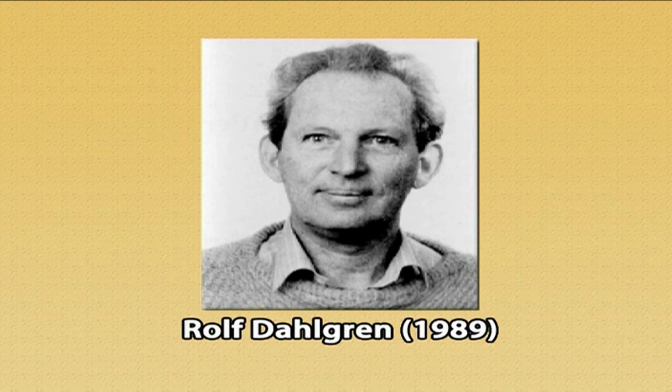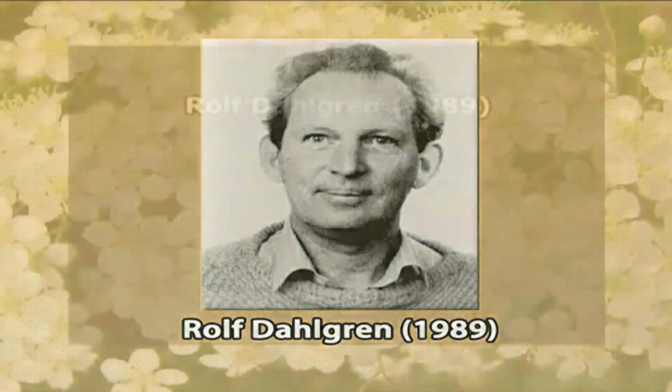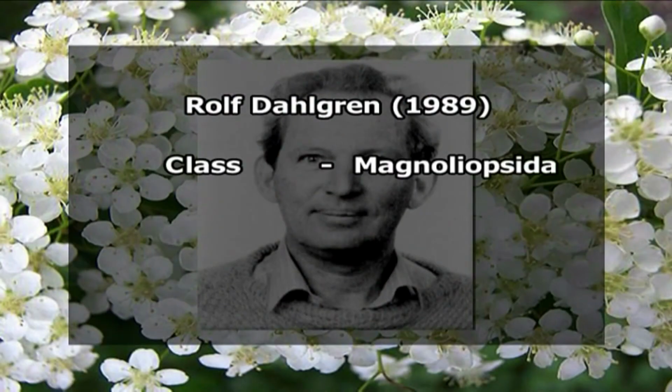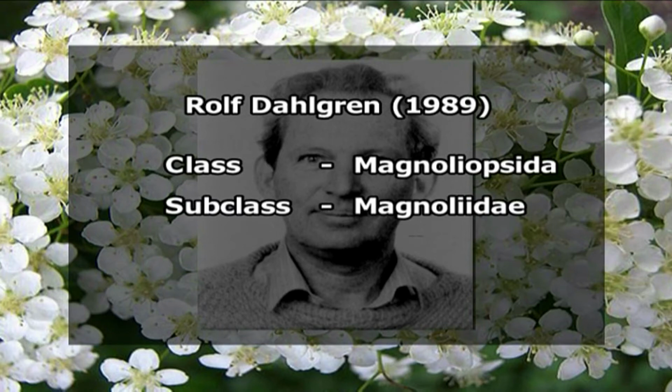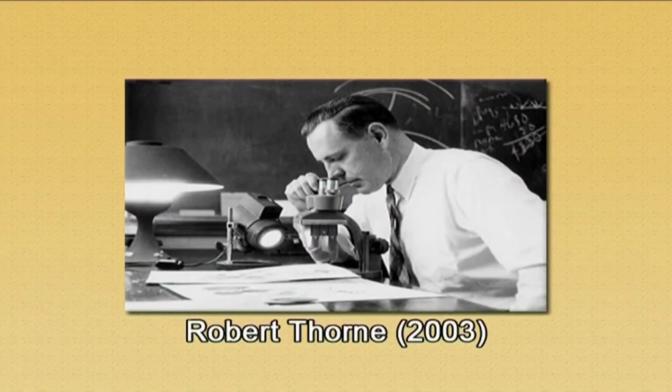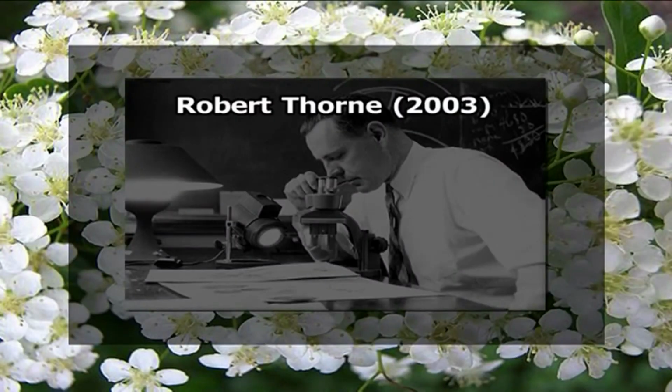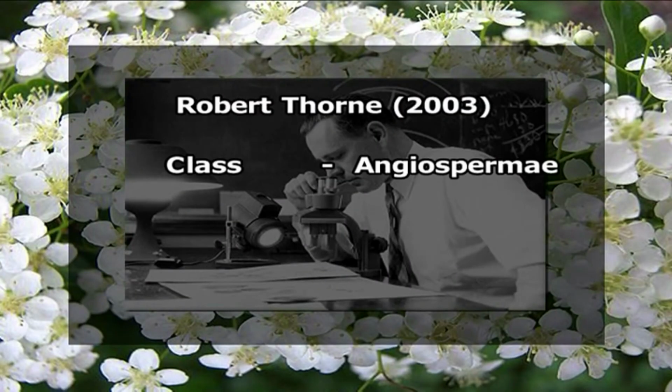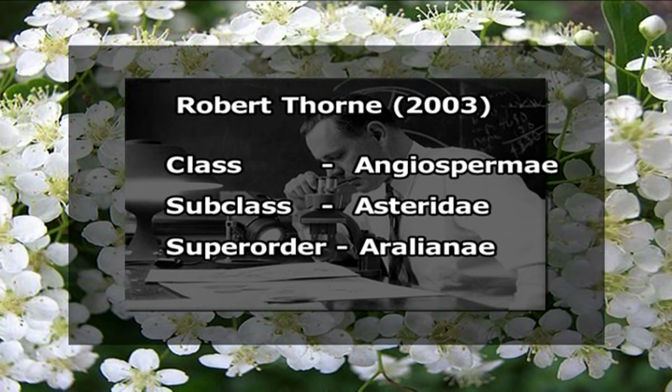Dahlgren also gave a classification of angiosperms. Under his classification, the family Apiaceae has been recognized under the class Magnoliopsida, subclass Magnoliidae, superorder Araliinae, and the order Araliales. Robert Thorne gave a classification under which the family Apiaceae belongs to class Angiospermae, subclass Asteridae, superorder Araliinae, and the order Araliales.